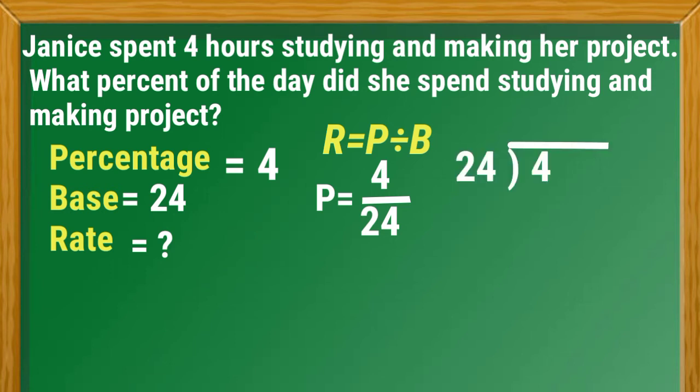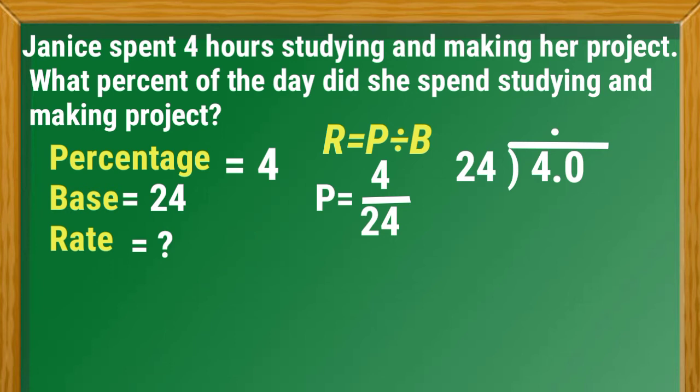4 divided by 24. Of course, you cannot easily divide because 4 is smaller than 24. So what are you going to do? You need to put a decimal point after 4 and then add a 0. And you are going to affix the decimal point in your quotient, which is aligned to the decimal point in your dividend. So that is 40 divided by 24. So we can now divide because 40 is bigger than 24.